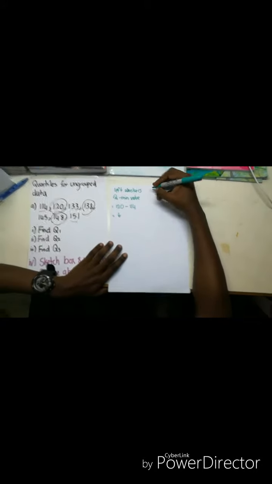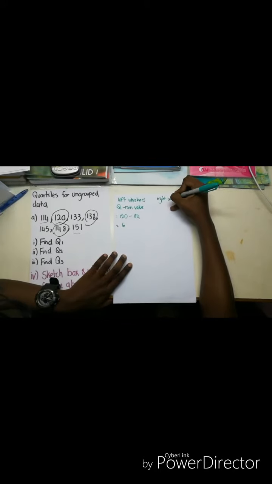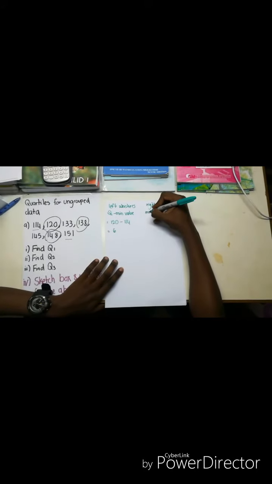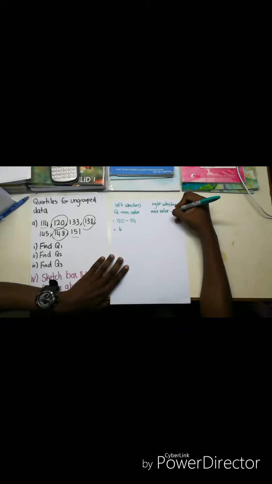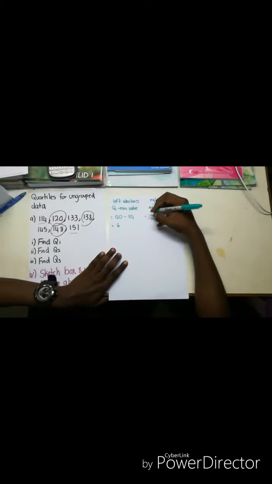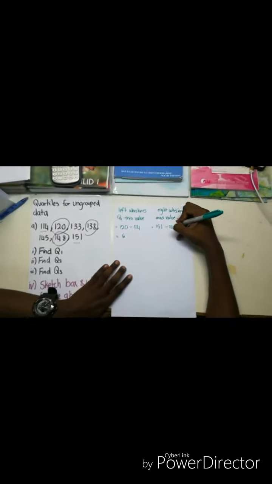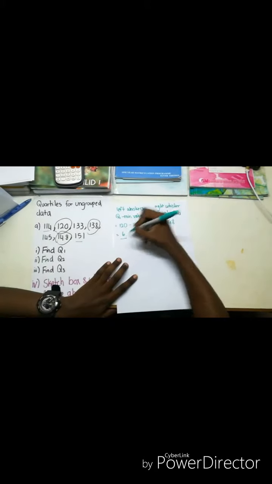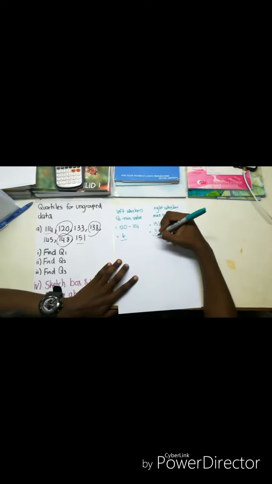For the right whisker, maximum value minus Q3. So 151 minus 148, which is 3. So now we know the left whisker is longer than the right whisker.